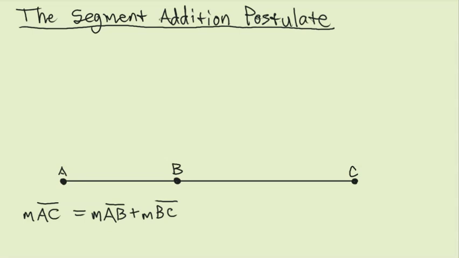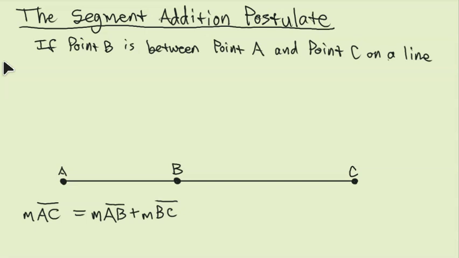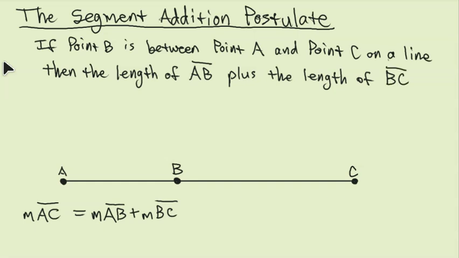Here's what it says: if point B is between point A and point C on a line, then the length of segment AB plus the length of segment BC equals the length of segment AC.